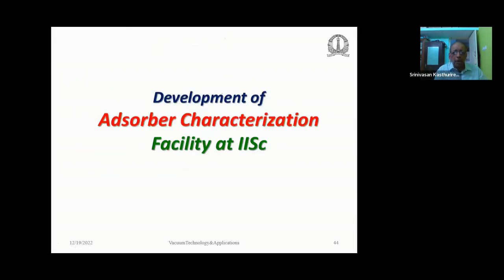I would like to present before you a small development which was carried out at IISc. This is called the Adsorption Characterization Facility, which was built for development of cryosorption pumps. Okay. As we see, for example, activated carbons can be obtained from different sources.